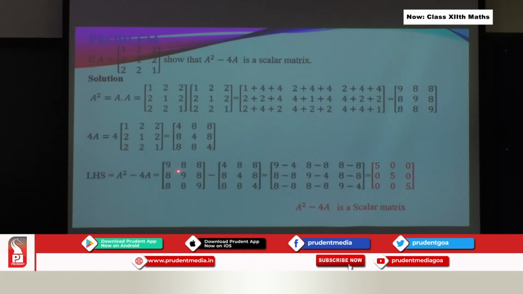Again here it's a negative sign, so I need to find the difference of two matrices. When I find the difference of these two matrices, I will get 9 minus 4, which is 5. 8 minus 8, 0. 8 minus 8, 0.